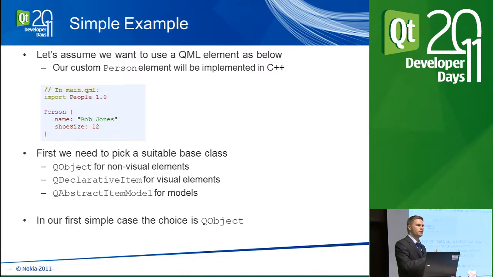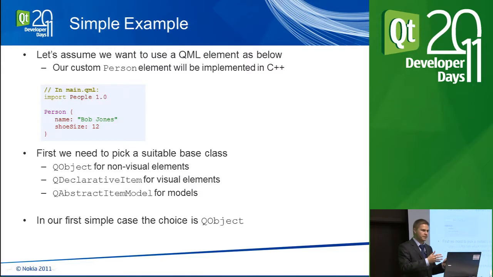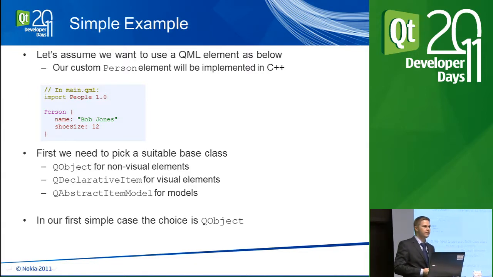And its properties, those defined using Q_PROPERTY, are available as properties on the QML side. So this means that we can implement a simple way of exporting QObjects to QML.